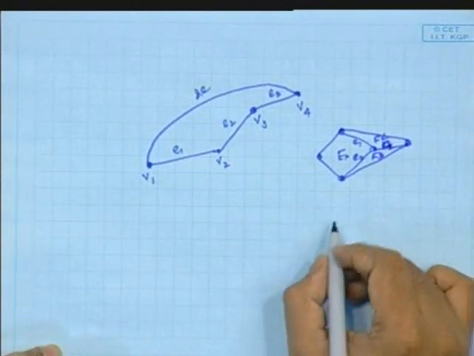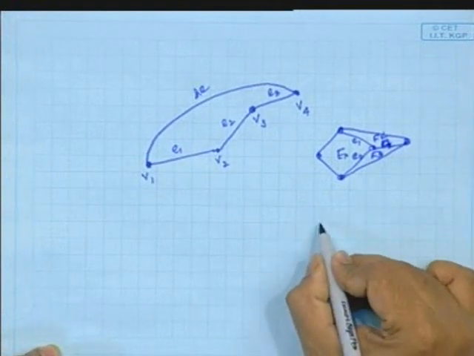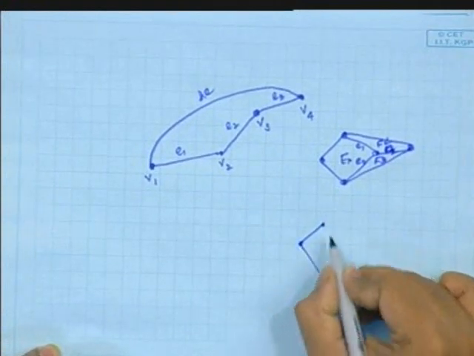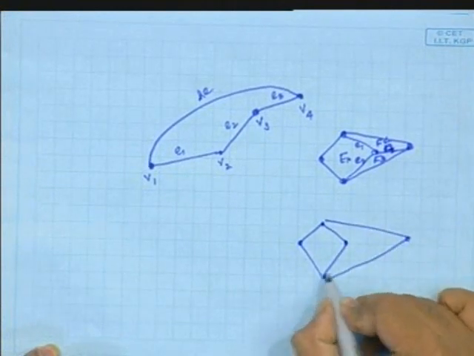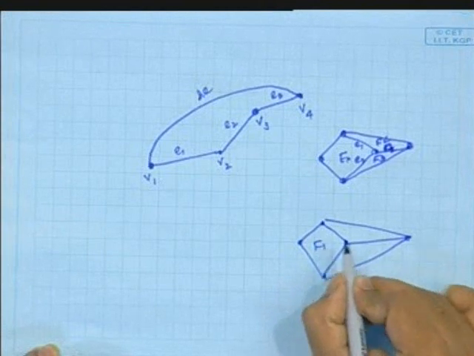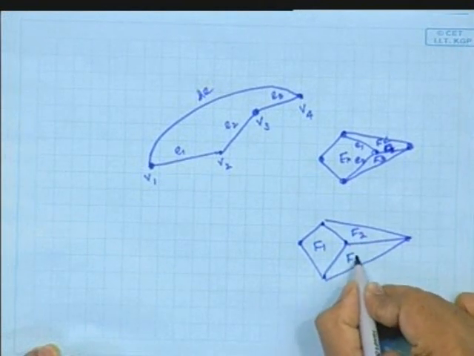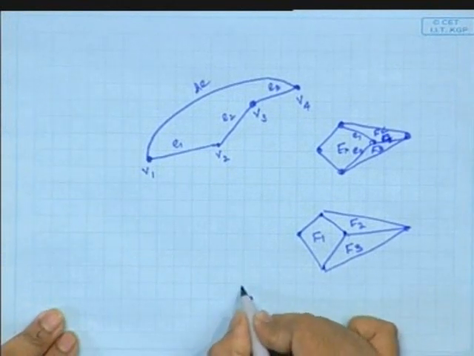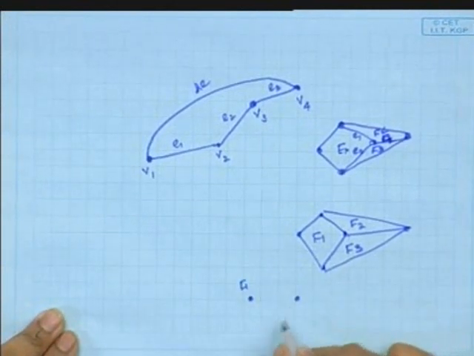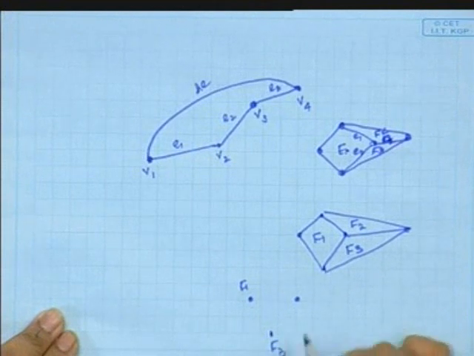Yeah, that's what I was drawing. Right, this is the graph. So this one is F1, this one is F2, and this one is F3, say.